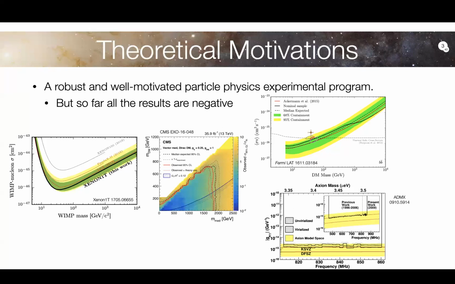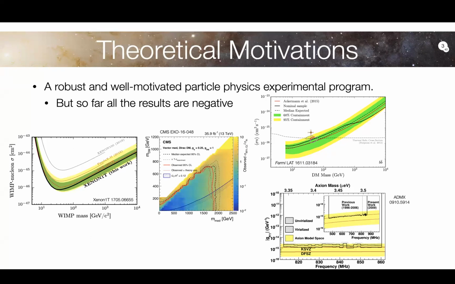Over the years, I've worked on many of these different ideas. Unfortunately, right now, other than some maybe weird hints that you can argue about for a very long time, like some gamma ray excess from the galactic center, there is no clear signal of a particle physics explanation for dark matter. Which doesn't mean there isn't going to be one, we just don't have one right now.